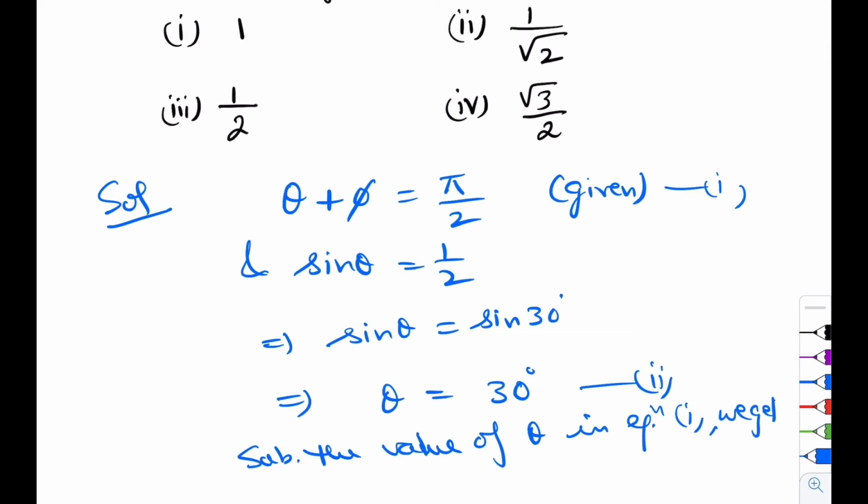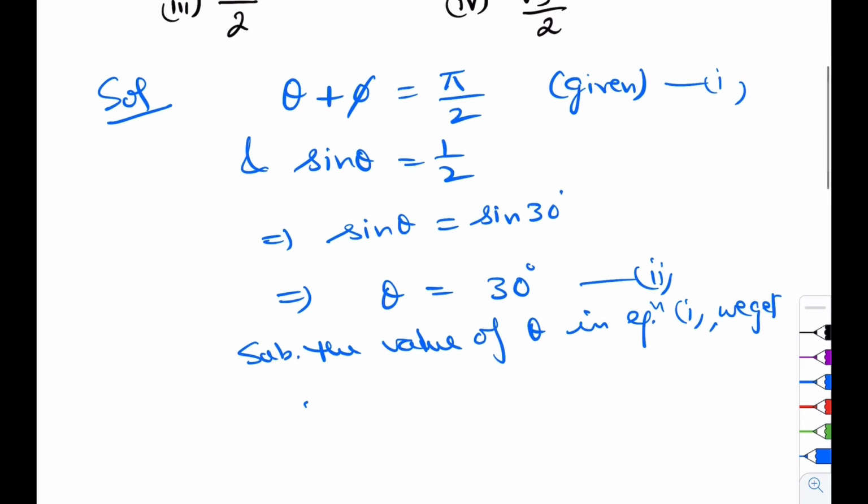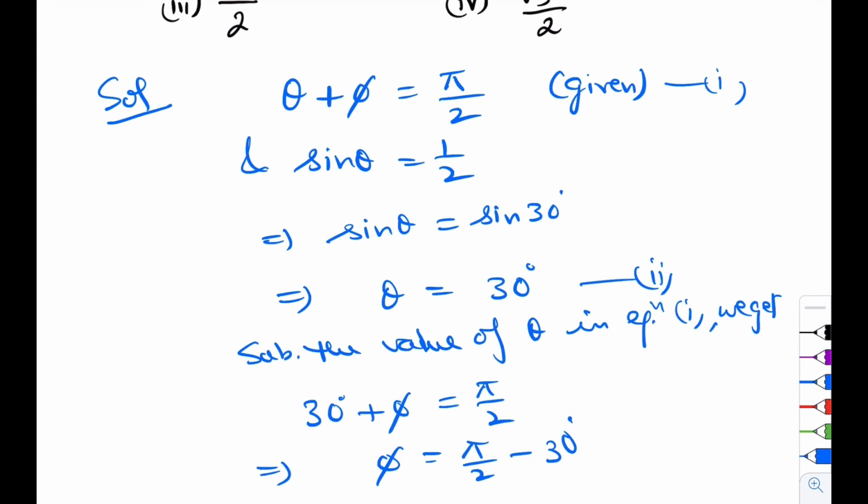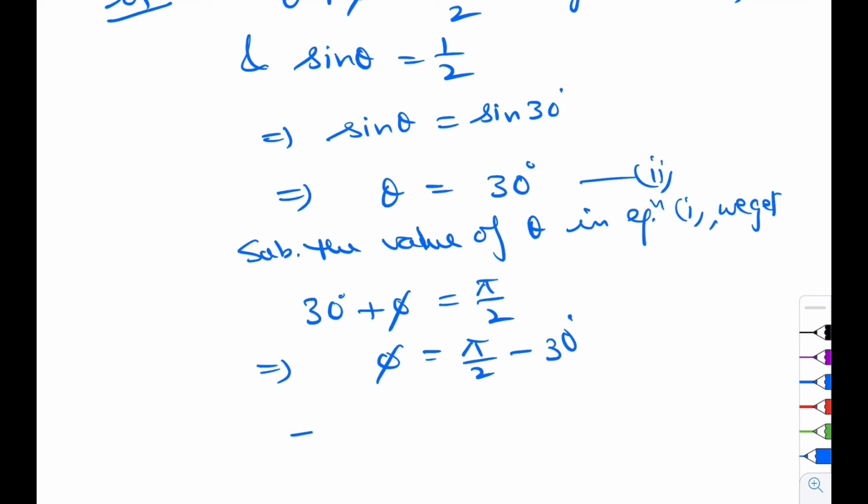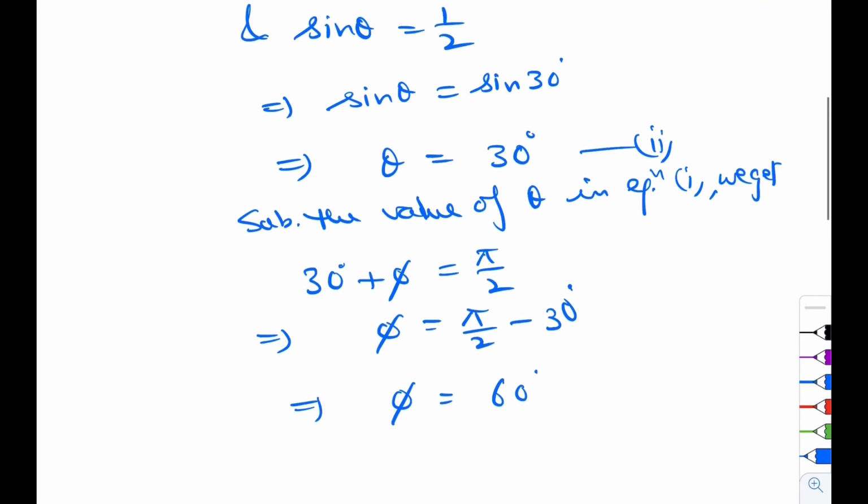We get 30 plus phi equal to pi by 2, and this implies phi equal to pi by 2 minus 30 degree. And we know that pi by 2 is 90, so phi equal to 60 degree.